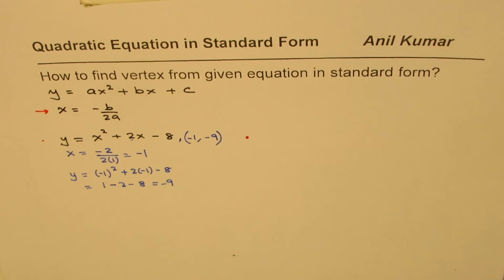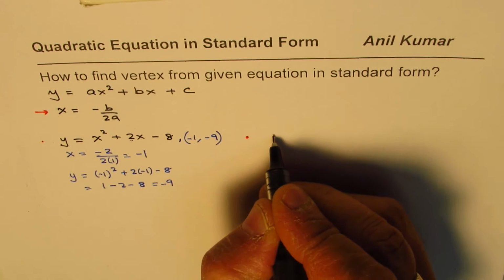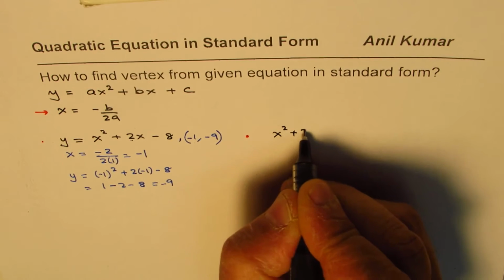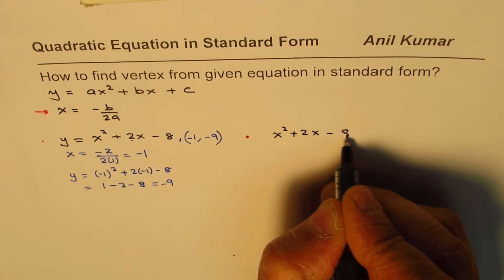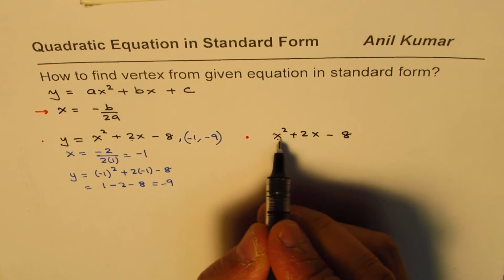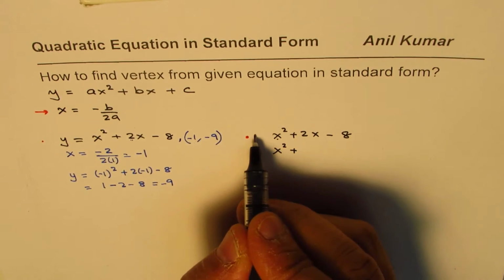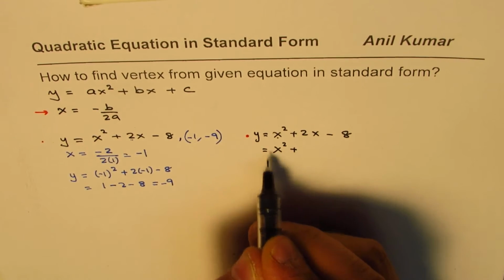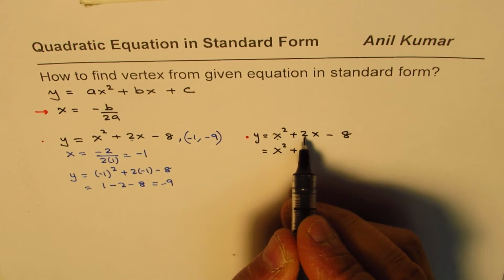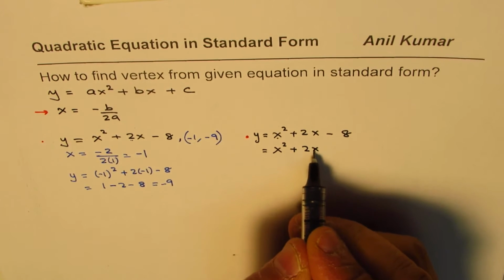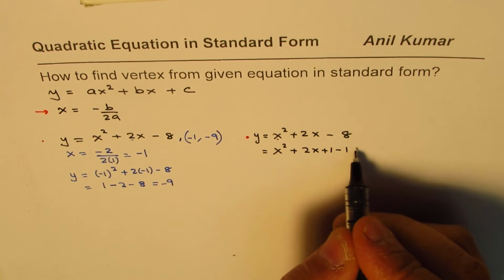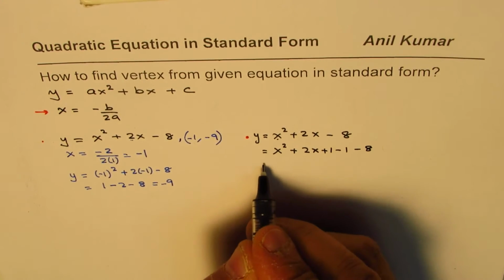So what do we do in completing the squares? We'll again begin with the same equation, which is y equals x squared plus 2x minus 8. Half of 2 is 1, so we'll say x squared plus 2x plus 1 minus 1 minus 8.